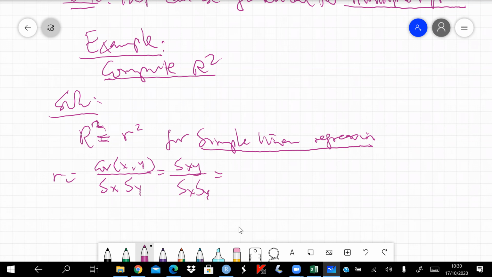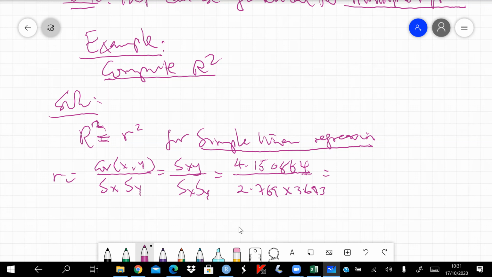So the covariance as given above is 4.15864. Then we have the standard deviation of x is 2.769, and the standard deviation of y is 3.693 etc. So let's simplify this.